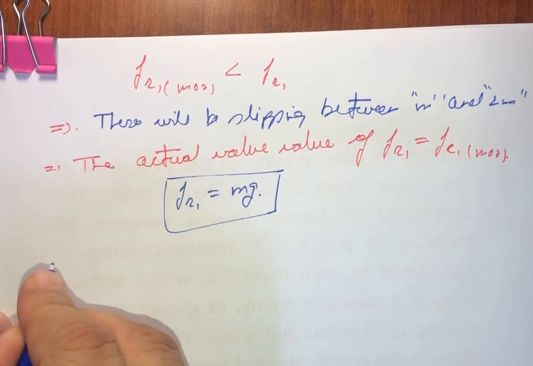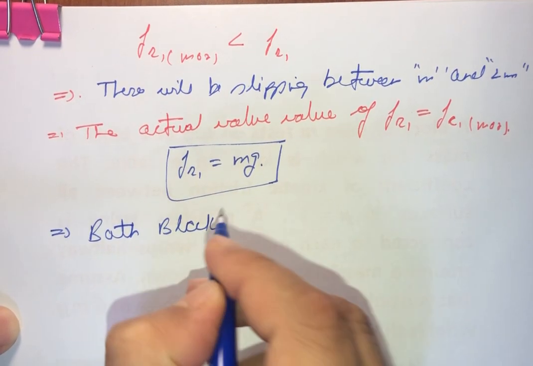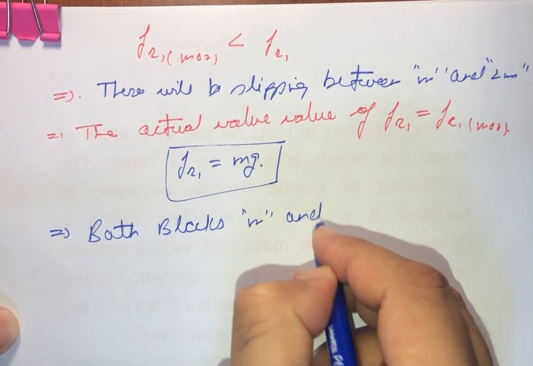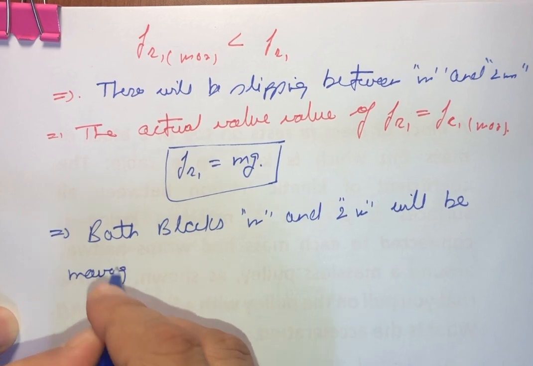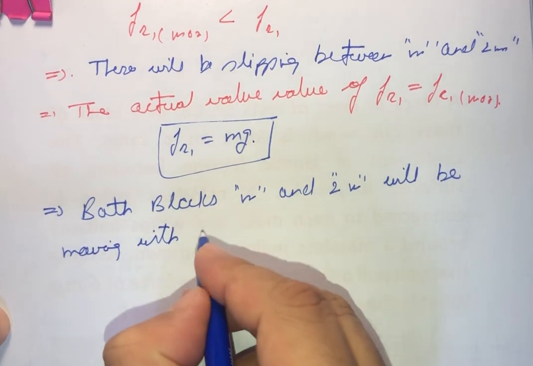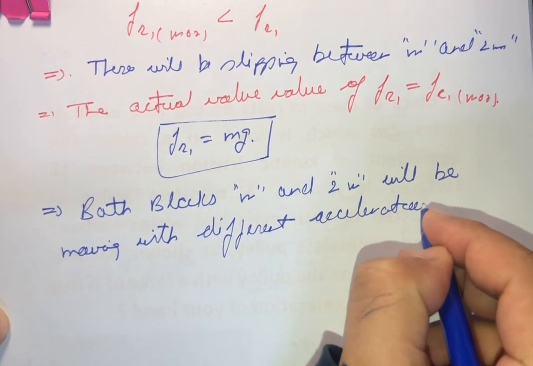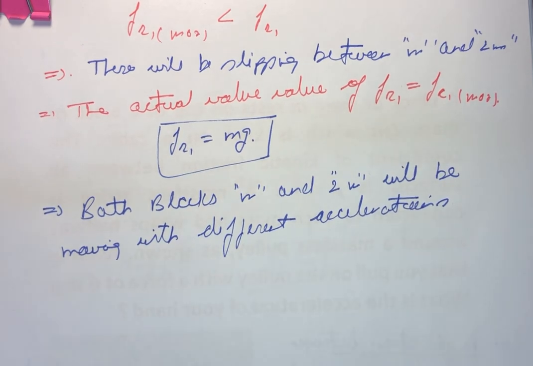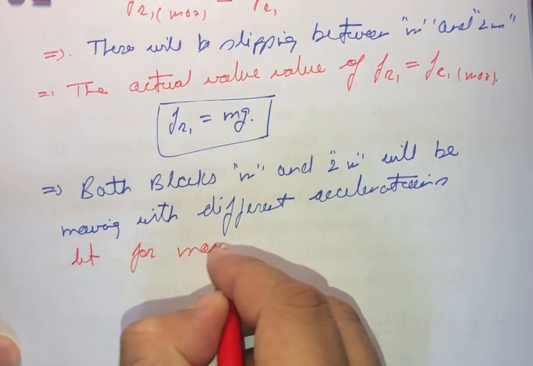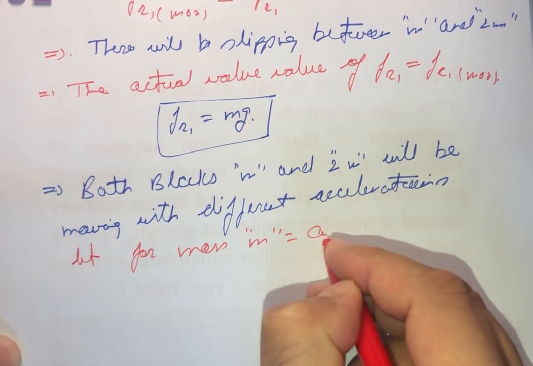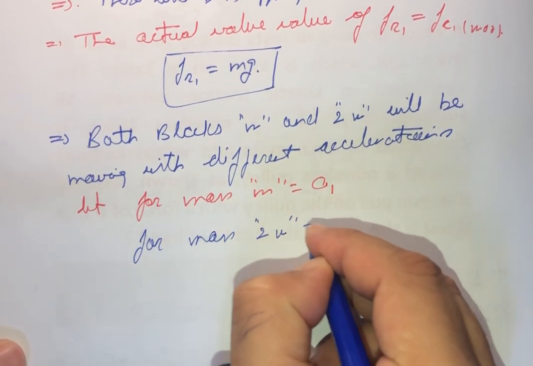We can also say this implies that both blocks m and 2m will be moving with different accelerations, and let it be, for mass m is A1 and for mass 2m let it be A2.